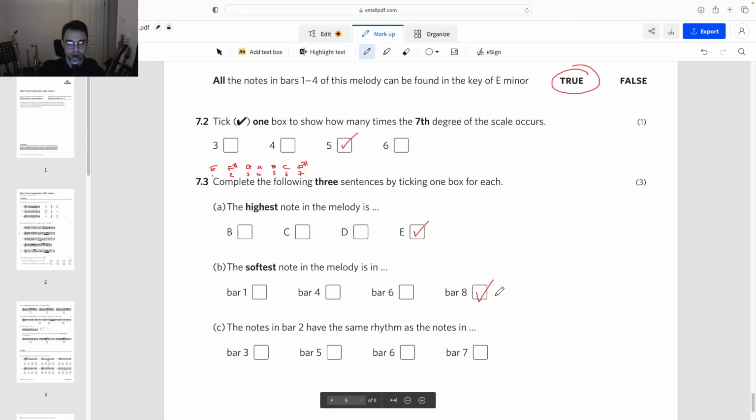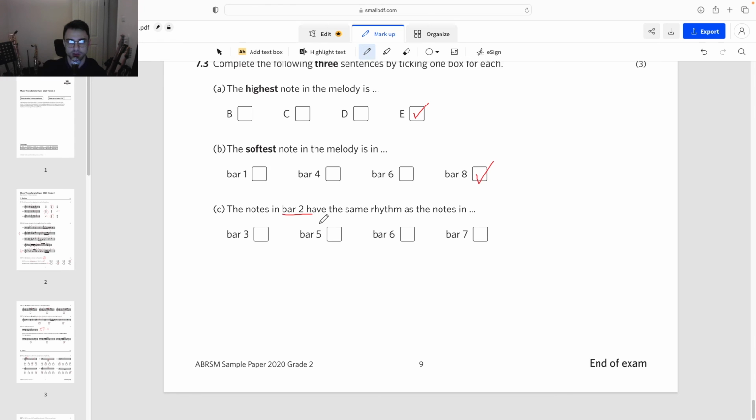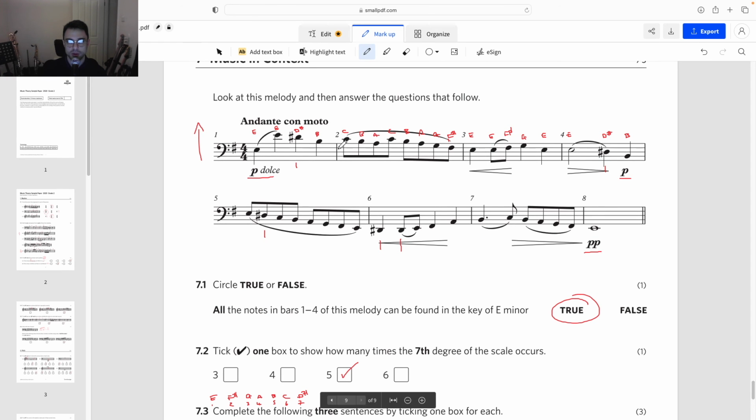Cool. Final question of the paper. The notes in bar 2 have the same rhythm as the notes in which of these bars? So bar 2. We're looking for bar 2. Let's go up and have a look. All right, bar 2, and we want to find the rhythm. So that's just ta ta ta ta ta ta ta ta. All right, just quavers all the way.